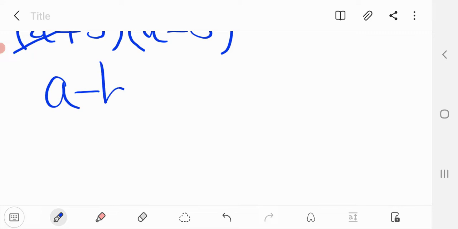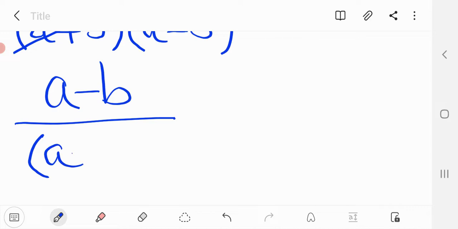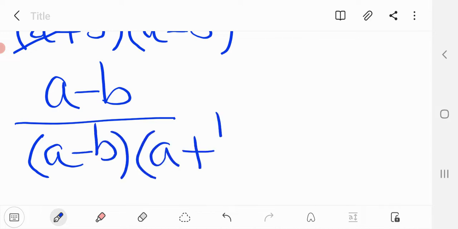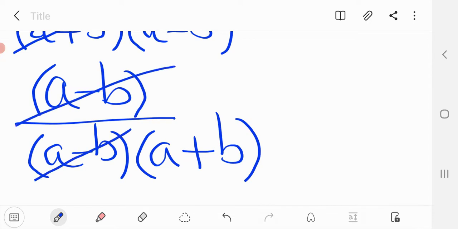We are also having one more step: a minus b divided by a square minus b square can also be written in this form: a minus b into a plus b. So both factors are available, one in the numerator and other in the denominator, because they both are also same, they both are also cancelled.